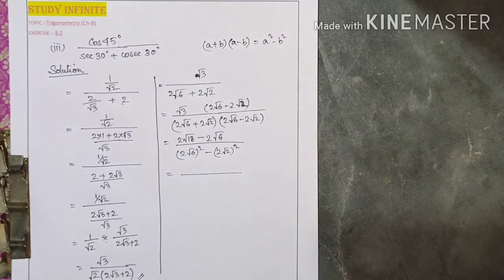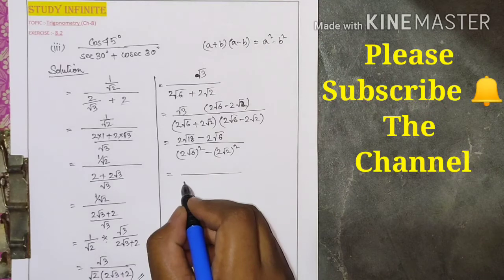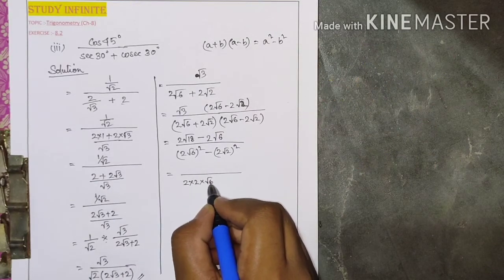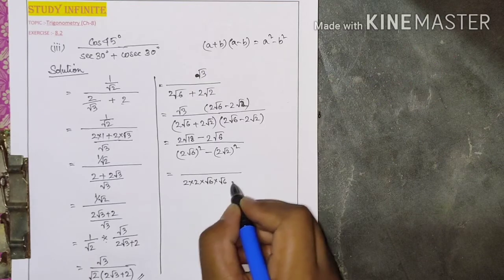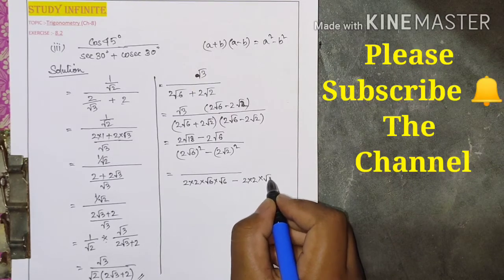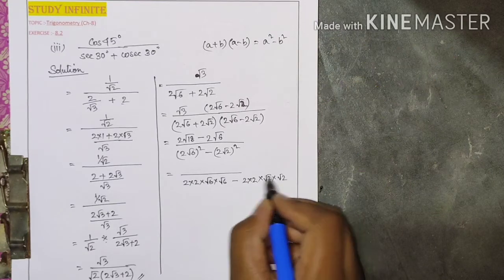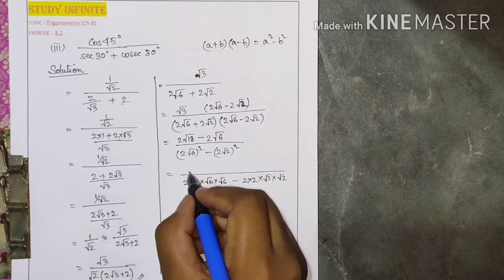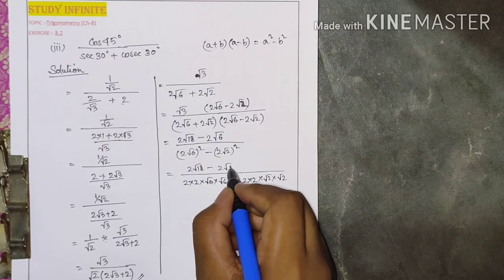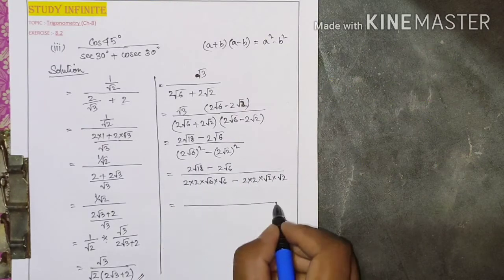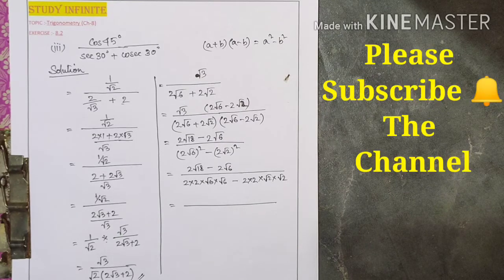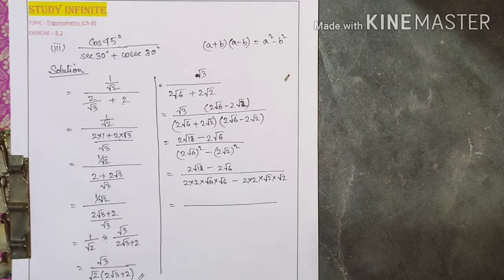2 root 6 whole square, that is 2 into 2 multiplied by root 6 into root 6, minus 2 into 2 multiplied by root 2 into root 2. See, 2 into 2 is 4 and root 6 into root 6 is 6.